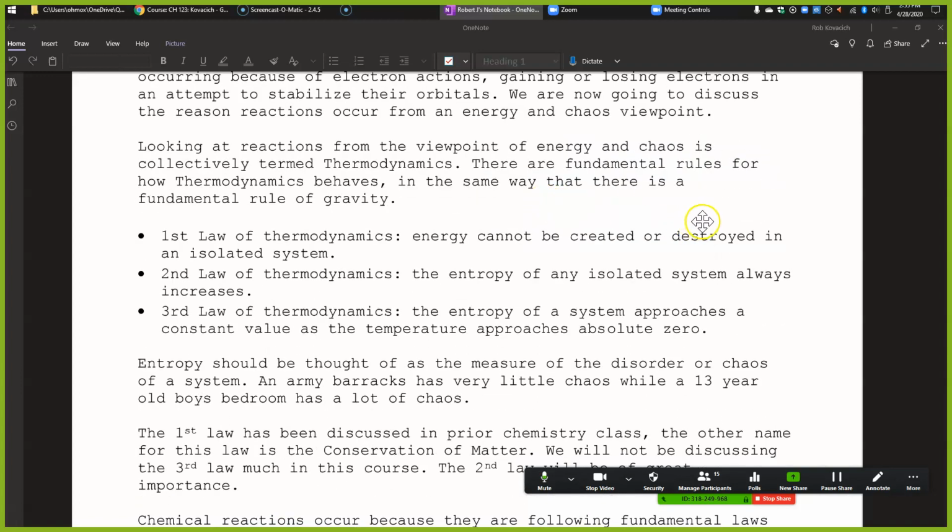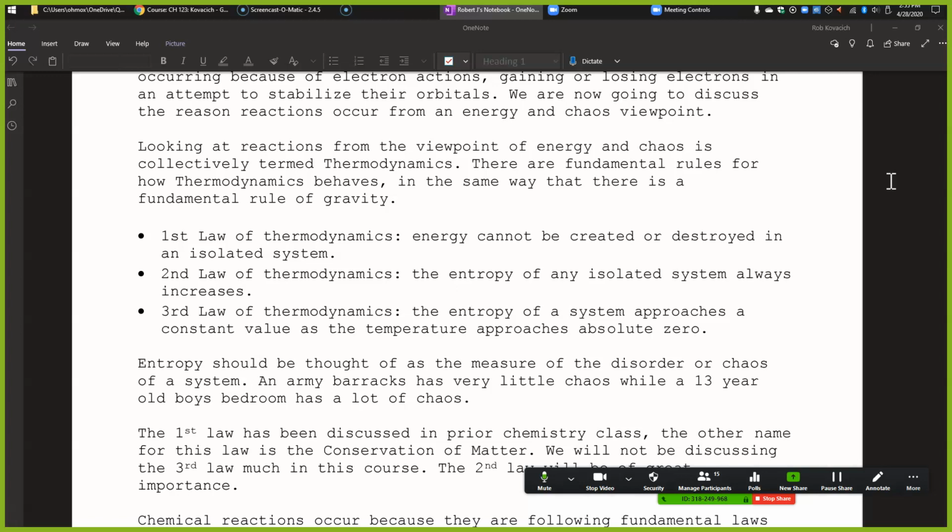All right, so where does this come from? We're talking about the laws of thermodynamics. Okay, so read these three laws to yourself. Okay, so to understand those three laws, we have to talk a little bit about entropy and a little bit about enthalpy.